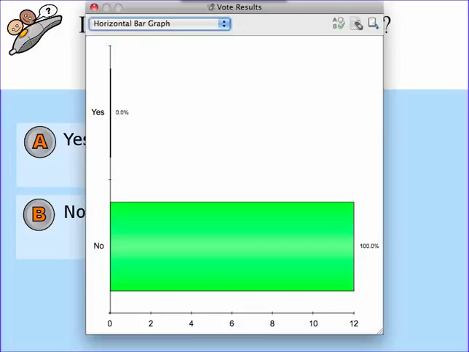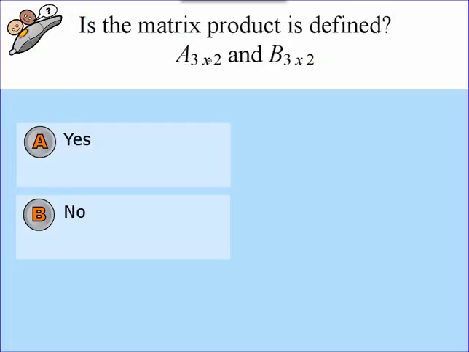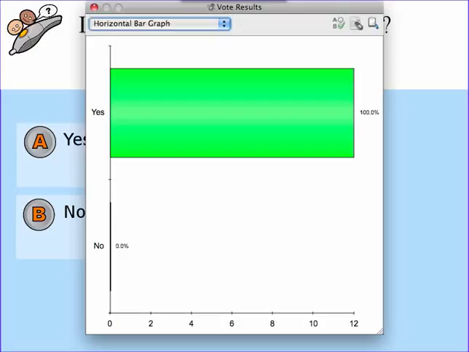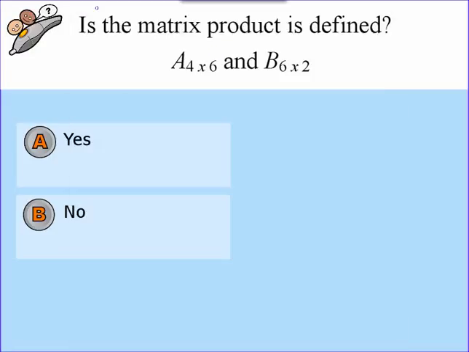No, good job, because once again, the middle terms here are not the same. And what about the last one? Is that one defined? Yes, good. And what would the remaining matrix be? 4 by 2. Very nice, because the 6's cancel out.